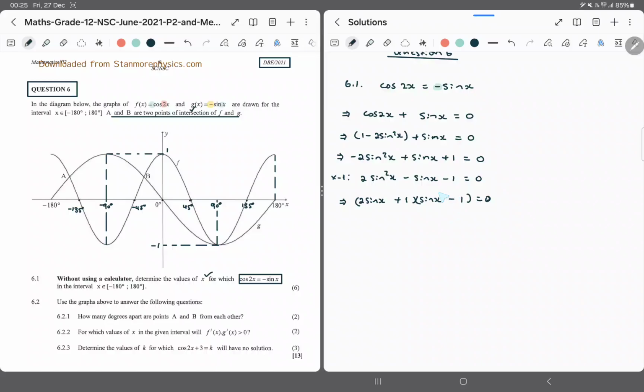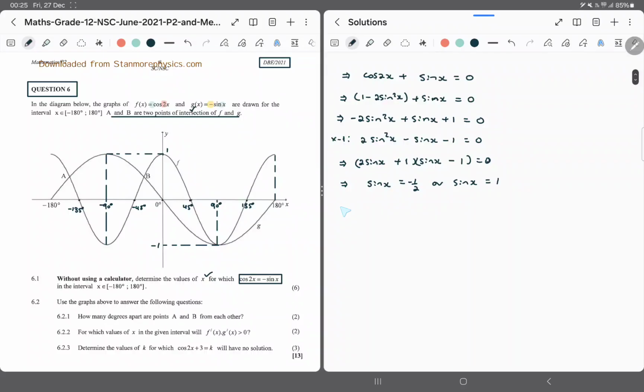So this is going to be minus 2 sine x plus sine x. It gives us minus sine x. 2 sine x times sine x gives us 2 sine squared x plus 1 times minus 1. So this is well factorized. So this also implies that sine x is going to be minus a half, or sine x is 1.